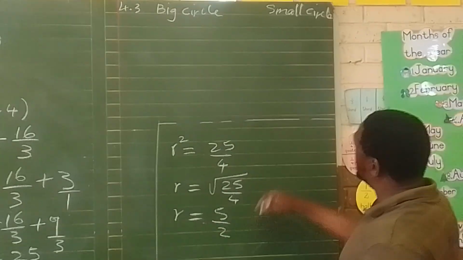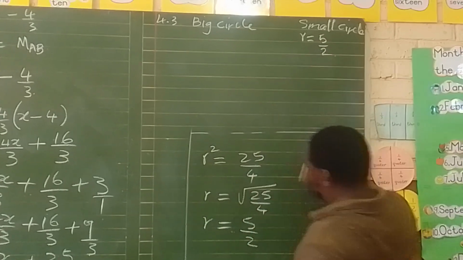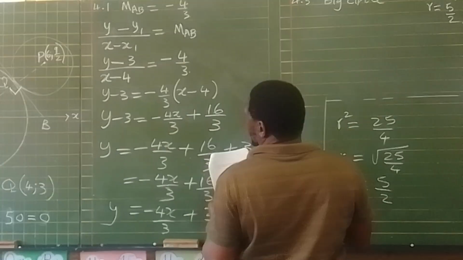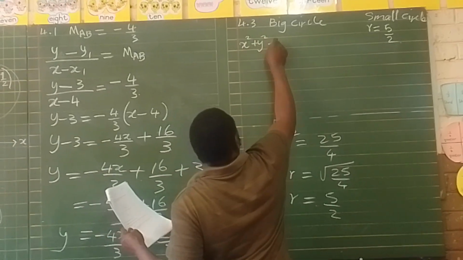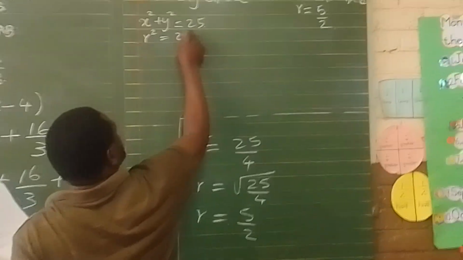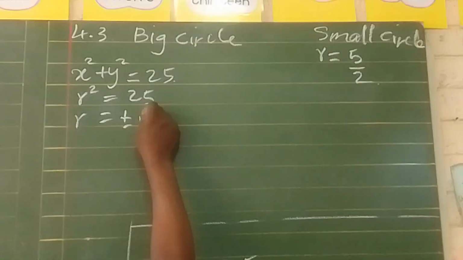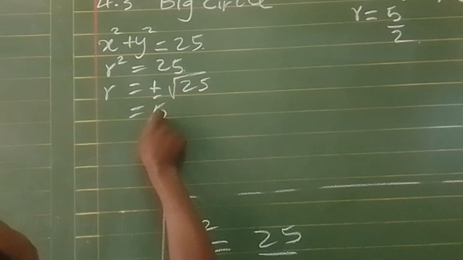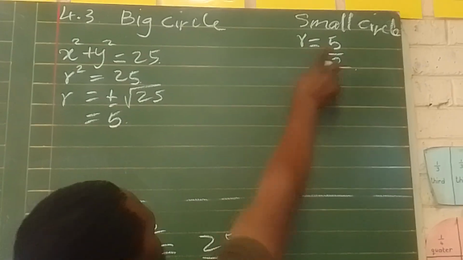The small circle we have calculated its radius to be equals to 5 over 2 here. Then the big circle, we take it from x squared plus y squared is equals to 25. That means your r squared is equals to 25. Then your r is going to be plus minus the square root of 25, which is going to be 5. Your r is 5 in the big circle. Your r is 5 over 2 in the small circle.